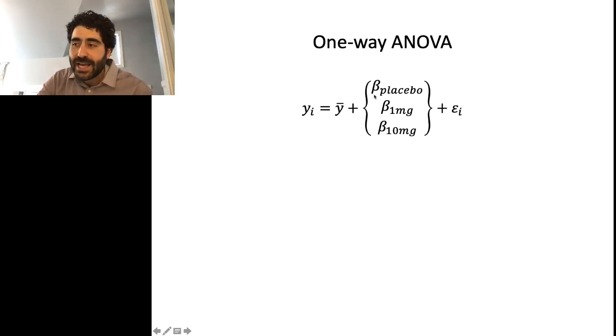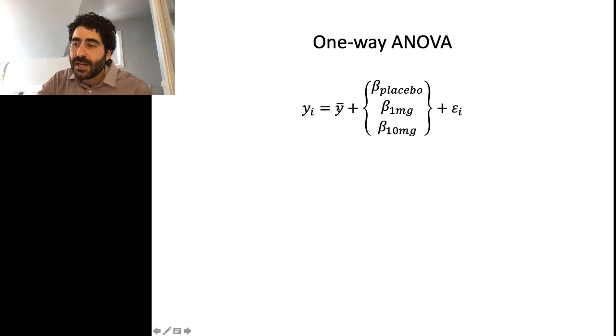And then we can add one of three numbers to this person's prediction. These betas are just numbers, similar to the betas we'd use in a multiple regression. The idea is that we have these three numbers.